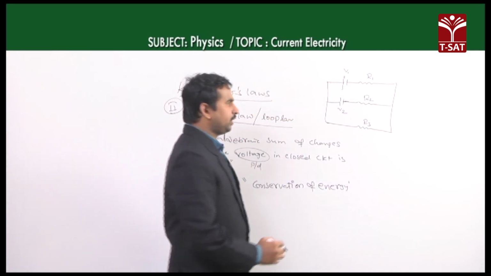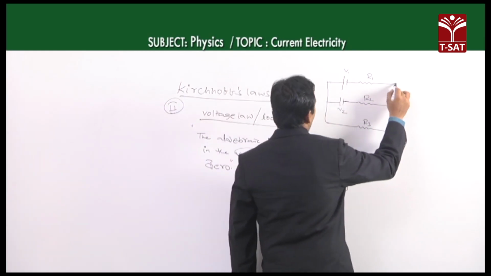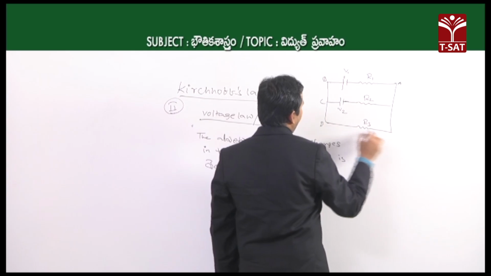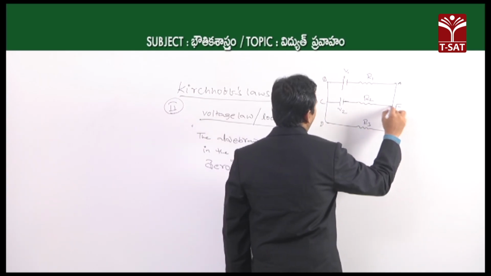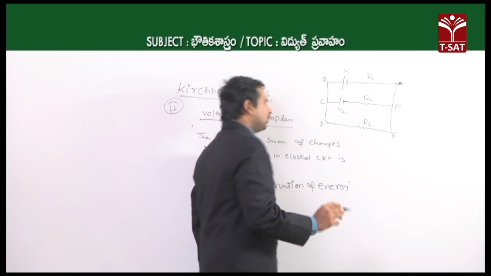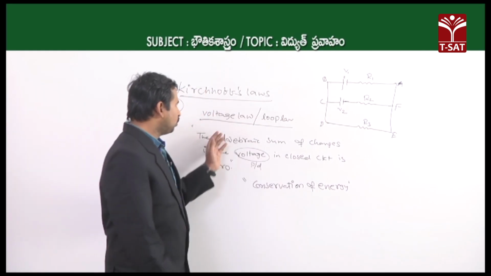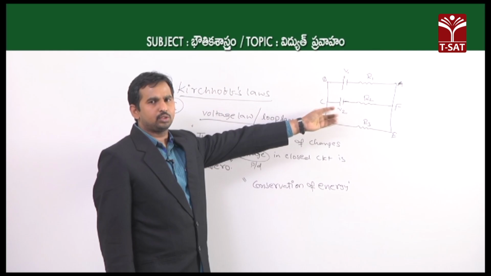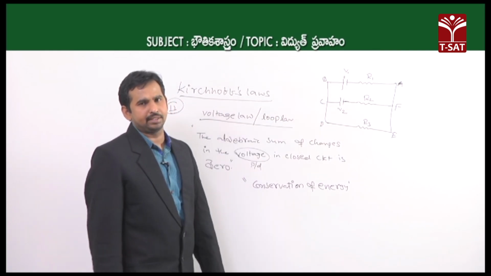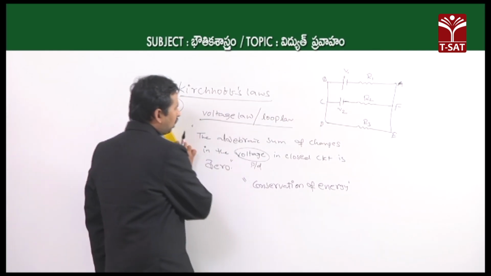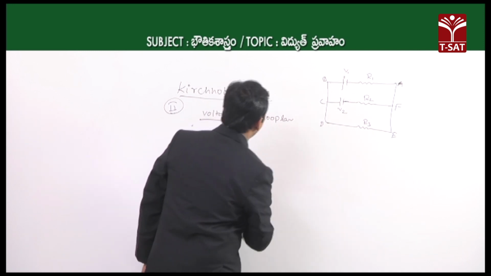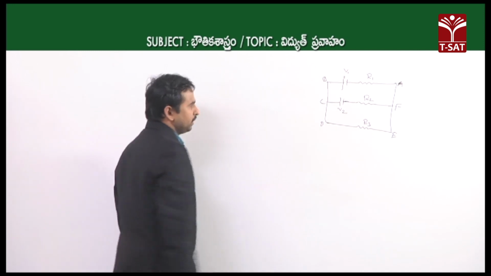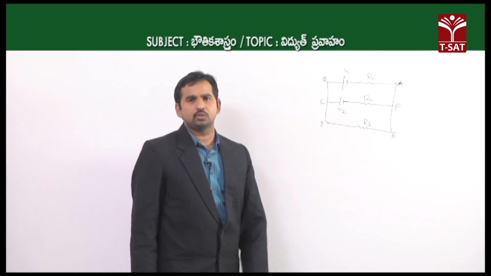Now, taking the junction points, let us suppose they are A, B, C, D, E, F. Now we are applying this voltage law, the loop law, to this simple circuit as an example. Whenever we apply Kirchhoff's voltage law, we always follow 2 sign conventions.